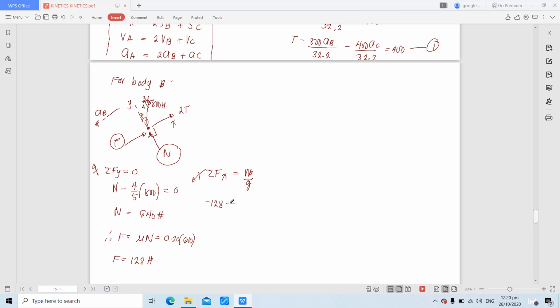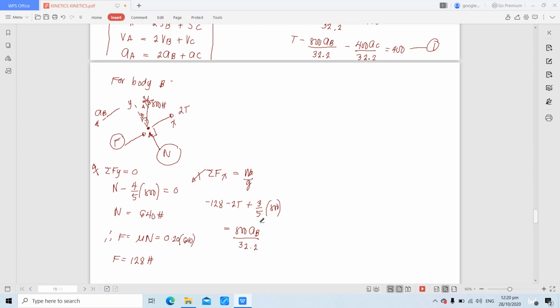Ito, minus din. Yung component ni 800 pounds with respect to x-axis, going downward, so it will have a positive component of 3 over 5 of 800. Meron pa ba? Wala na. And that will be equivalent to weight, which is 800, A is acceleration of B over G, 32.2.